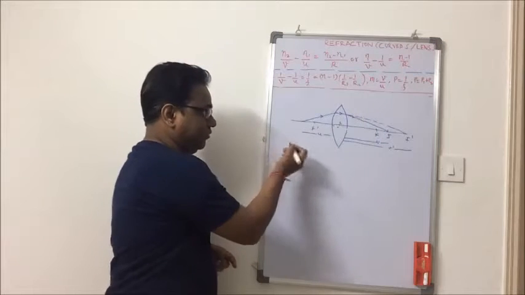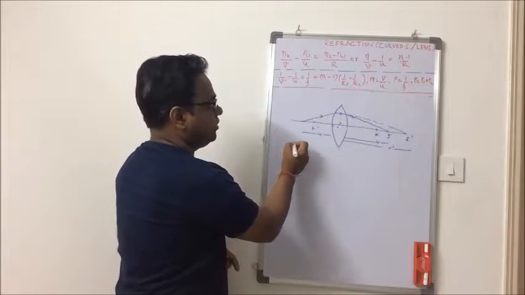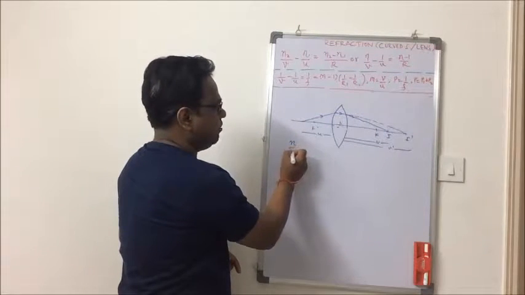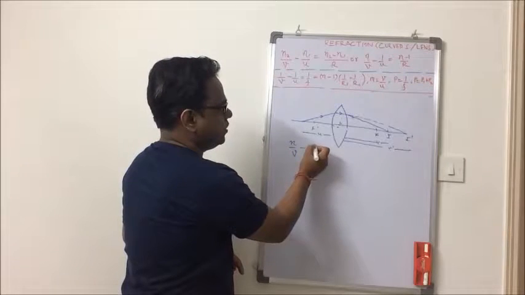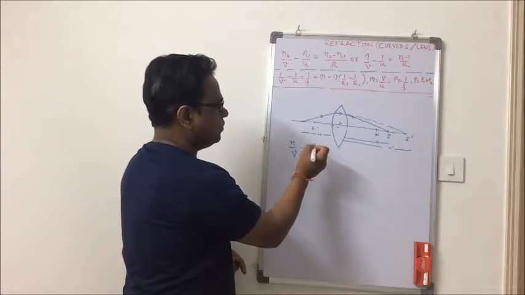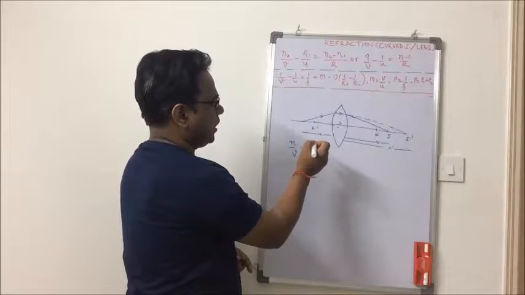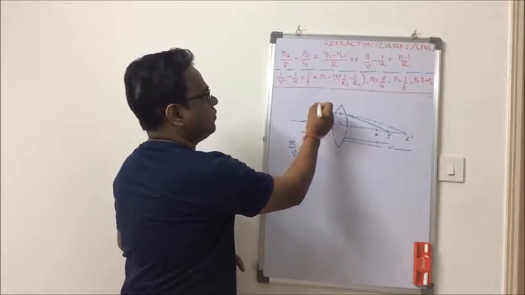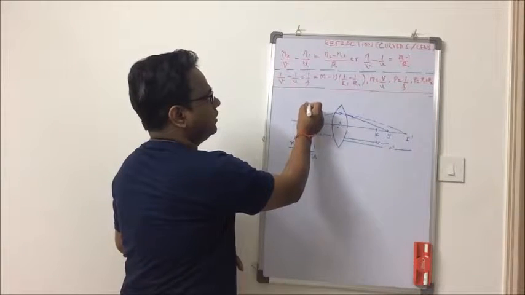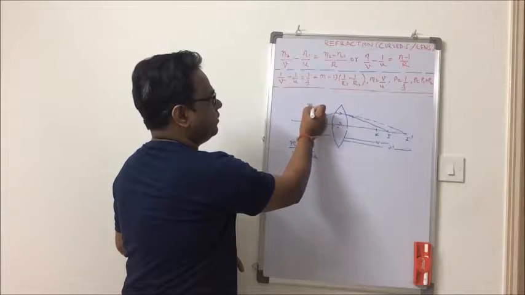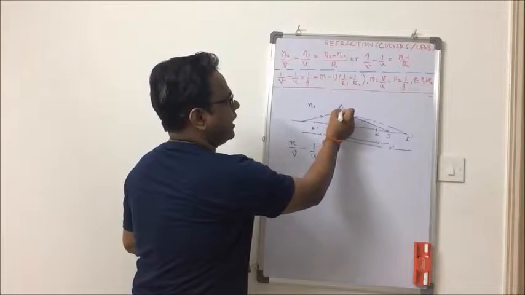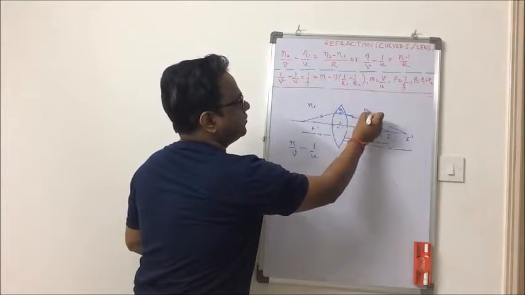So for the first refraction, the formula would be N by V minus 1 by U. Here let's say this is your N1, this is your N2, and again this is your N1.